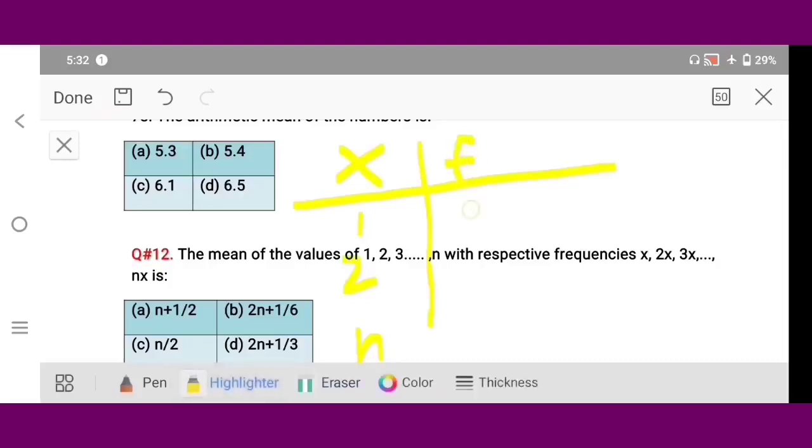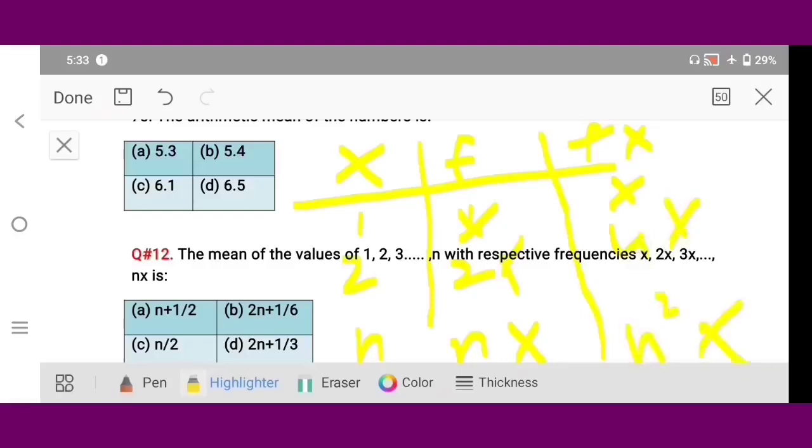So x, 2x up to nx. So we are going to multiply these. fx gives x, 4x up to n square x.